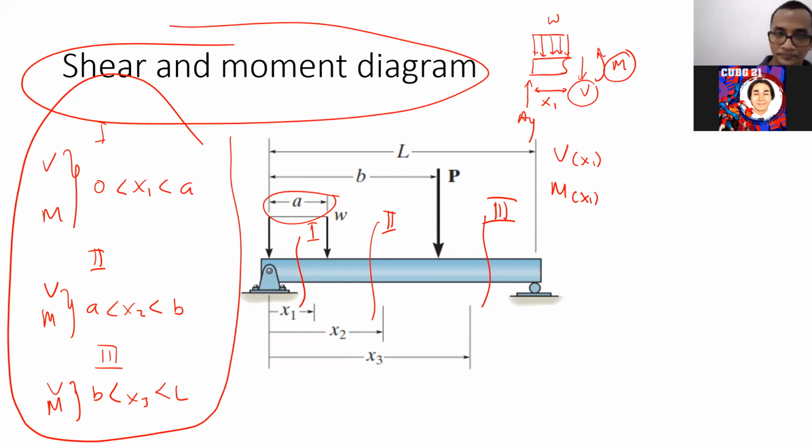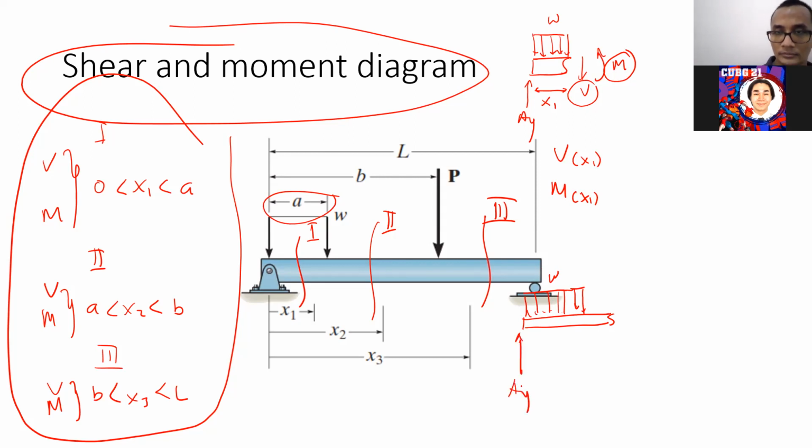Then in the second cut, for example, we have W until here. Then this is the second cut.